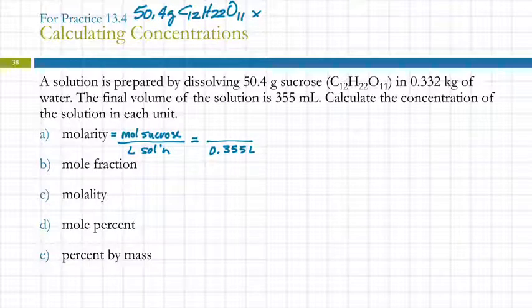How do we get moles out of that? Molar mass. So we got to calculate that. 12.01 times 12 plus 1.008 times 22 plus 11 times 16. 342.296.